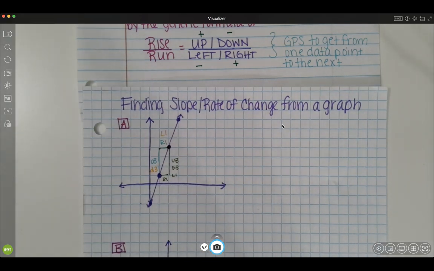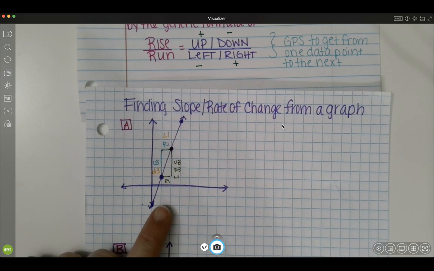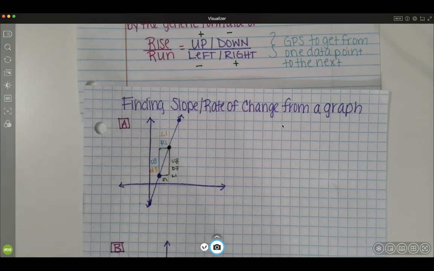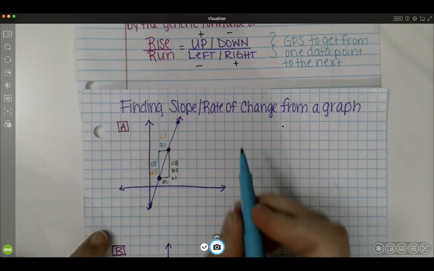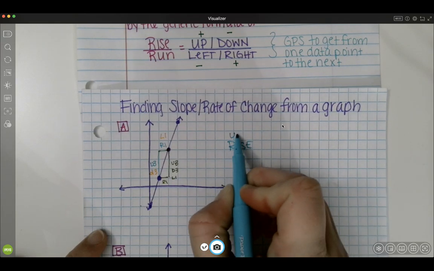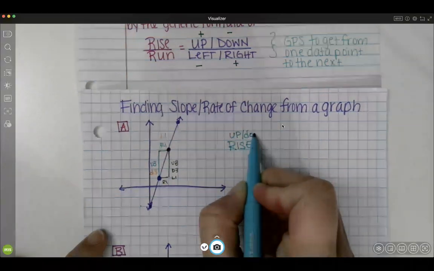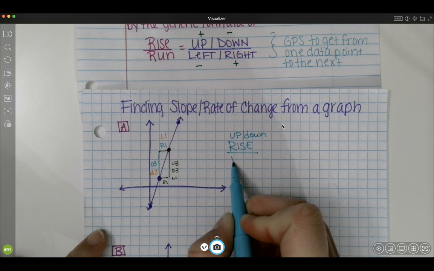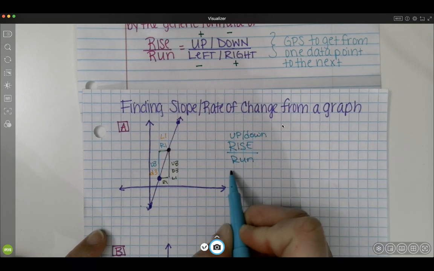No matter which route I take, up, down always has to be the top. It is always rise, which is up, down, over run, which is my left, right.